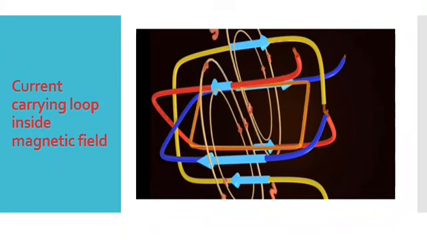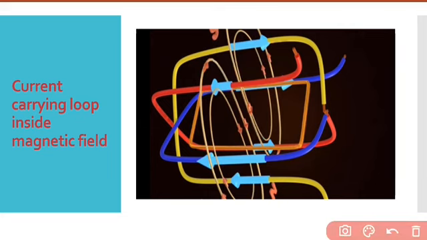The same phenomenon occurs in the induction motor as well. Here, instead of a simple loop, a squirrel cage induction rotor is used, so the same principle applies. If we place this current carrying loop inside the magnetic field, it experiences a force. So instead of this loop, now we'll place the rotor inside the motor.